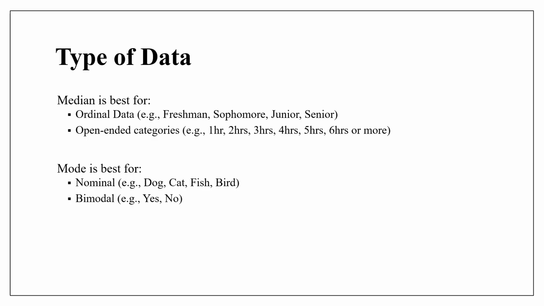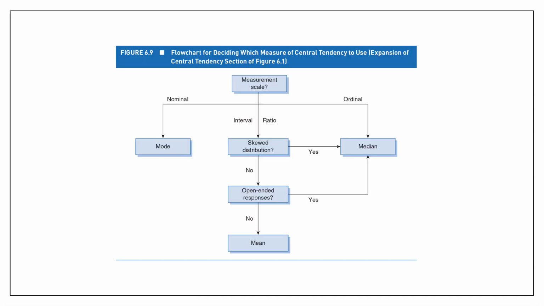The mode is better when we have categories like dog, cat, fish, bird, or when we have bimodal distributions, because we're only going to have two possible outcomes that we can easily look at by seeing which is the most common one. Well, this is the most common one.